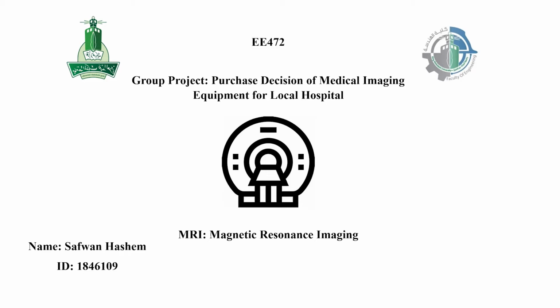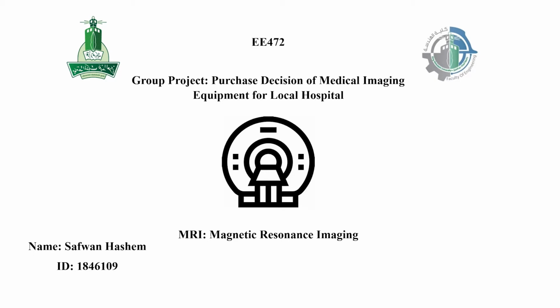As everybody knows, it is very important that every biomedical engineer should know how to evaluate different alternative devices in the medical field in order to make the right purchase decision for the hospital. Today, inshallah, I'm going to evaluate different MRI devices and choose the right alternative depending on specific criteria.